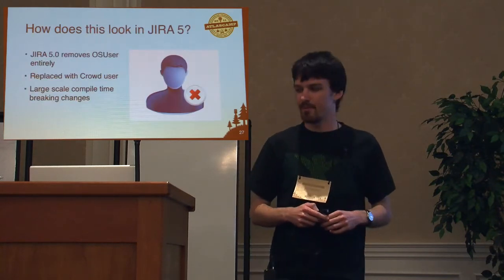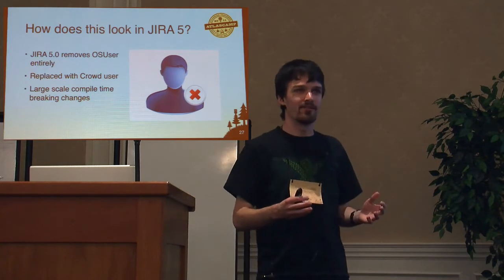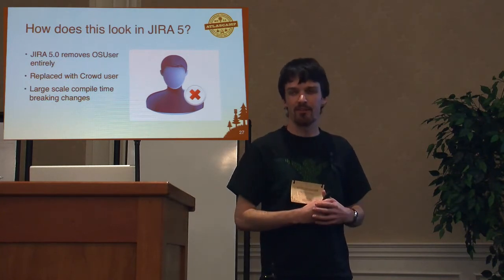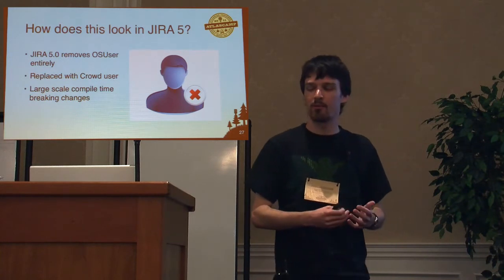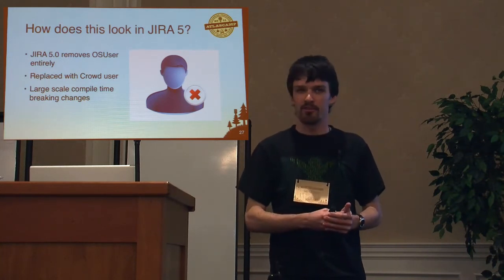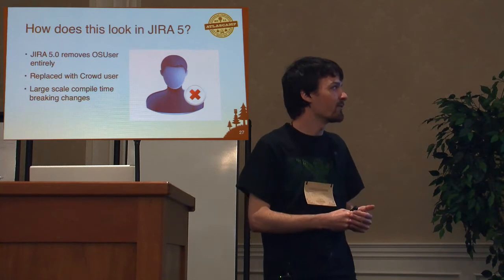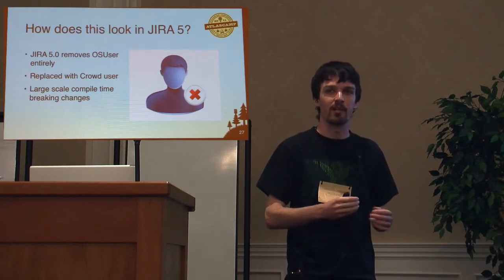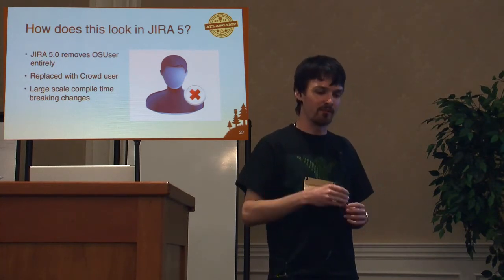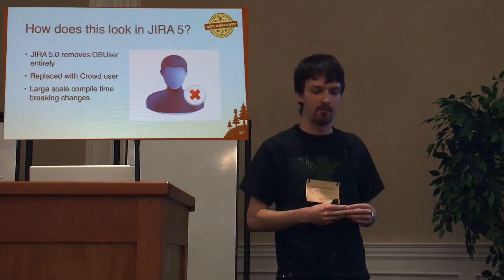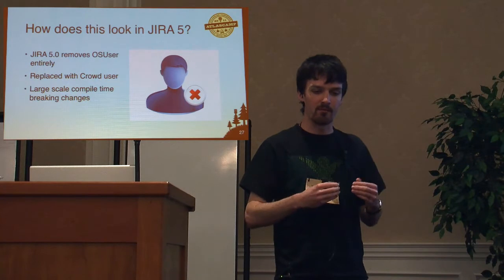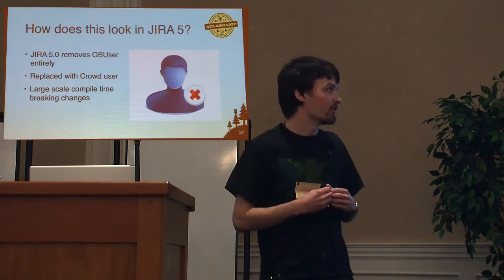So this is all well and good, and loading in a single class using reflection is quite easy, but how does this all look in JIRA 5.0? So in JIRA 5.0, OpenSymphony user has been removed entirely. Because in JIRA 4.3, a new feature was introduced to allow for LDAP groups to be used within JIRA.